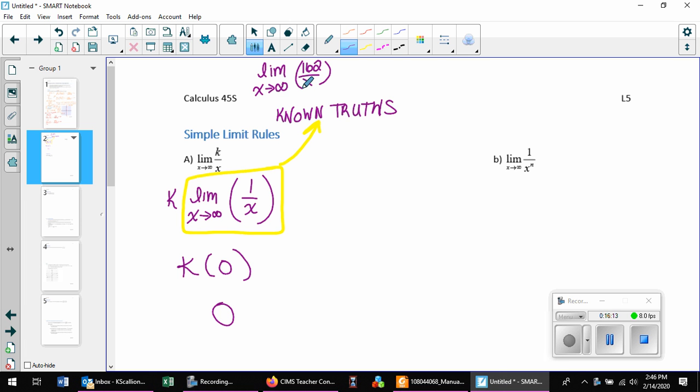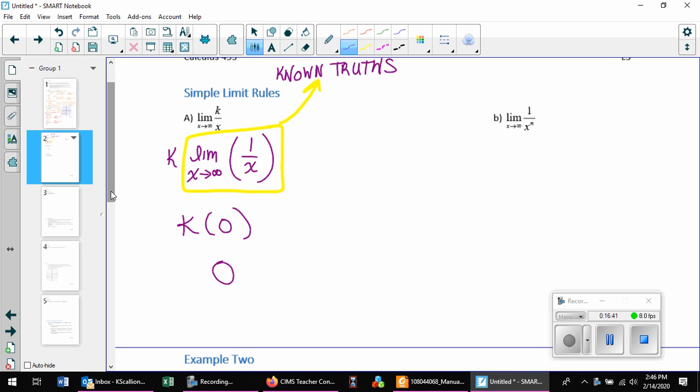We just proved it, but you don't have to demonstrate it. It's like a Pythagorean triple, 3, 4, 5. If you have the legs 3 and 4, you know that hypotenuse is going to be 5. You don't have to show me the math that goes with it. I guess if you really wanted to, you could. All right, so here's another known truth. You ready for this? Another known truth.